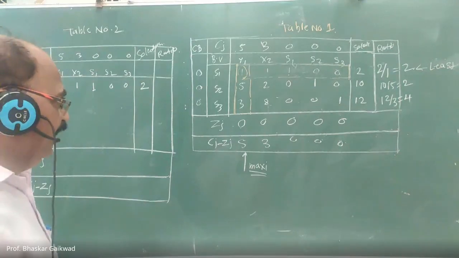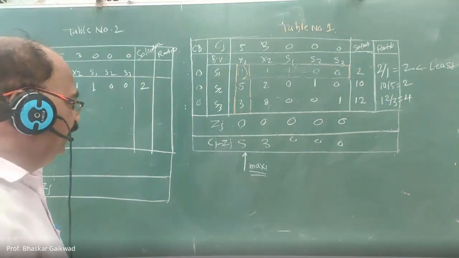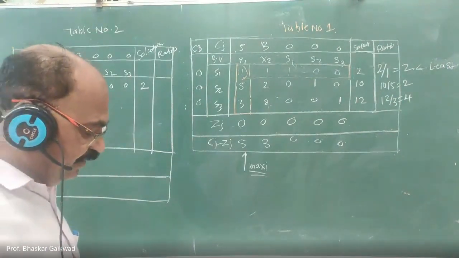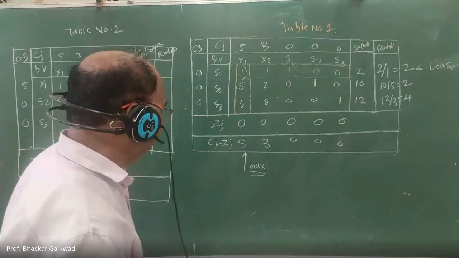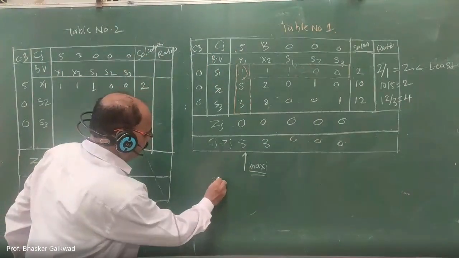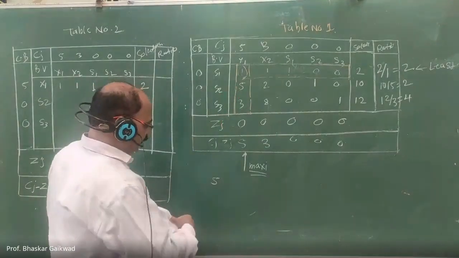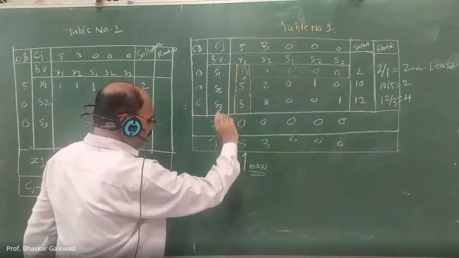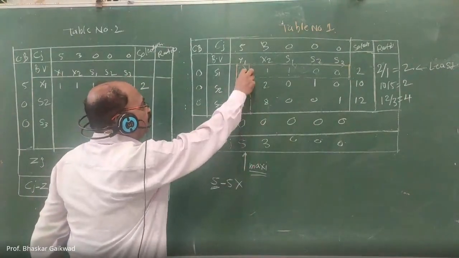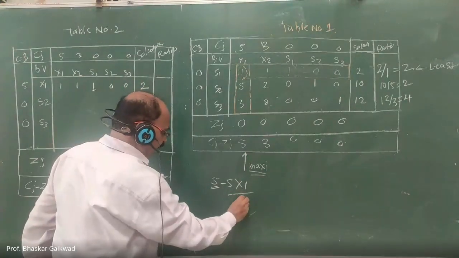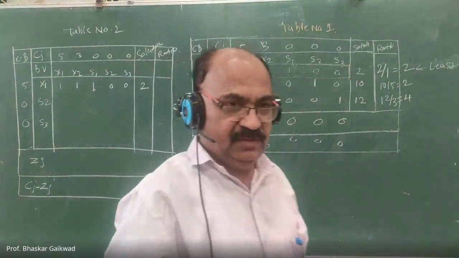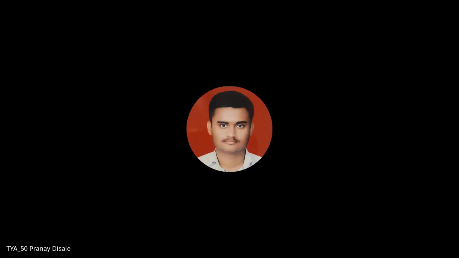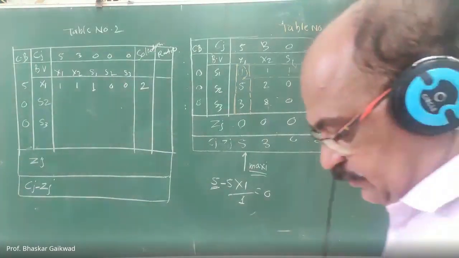So 5 minus 5 into 1 divided by key element. What is the answer here? The answer is 0. Are you getting this? Yes, sir. Okay. So I will write here 0.